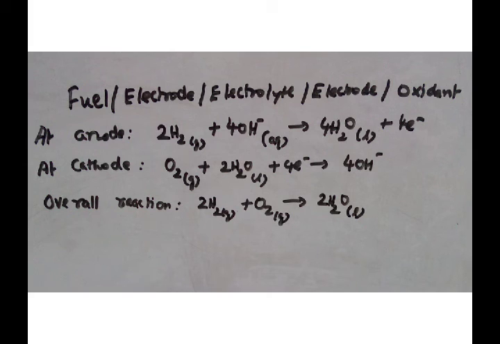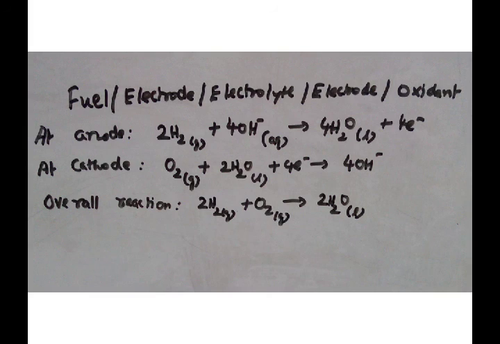Okay, even they gave that the temperature must be maintained at 200 degrees Celsius and pressure should be maintained at 20 to 40 atmospheres. See, that also is important. Moreover, we are using inert electrodes, that is nickel and nickel oxide. That also must be mentioned. Okay. At anode, what is the reaction taking place?